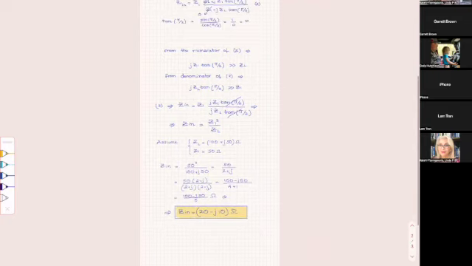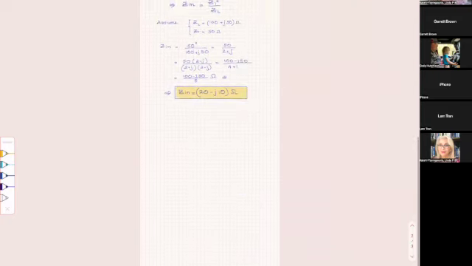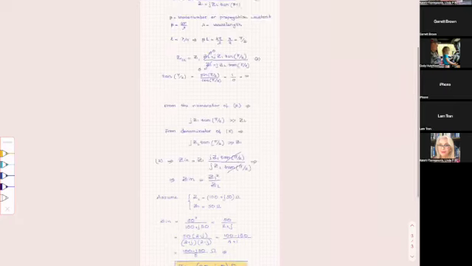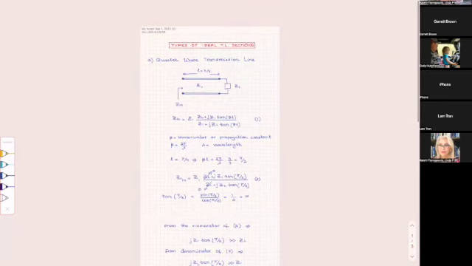All right, so now let me do a problem where we have a stub, and see how I would solve this. So, types of ideal transmission line sections.